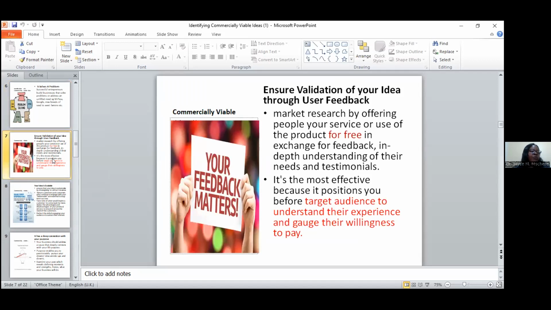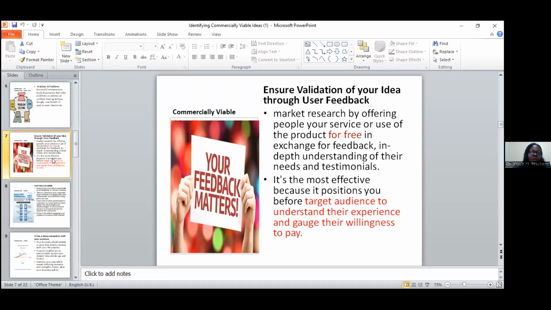So how do you ensure that the idea that you have is commercially viable? I had mentioned that you ensure that the idea can be validated through user feedback. For instance, you do market research, you offer people, if you have a service that you're offering, you use the product, you can give that service or that product that you have come up with for free, just in exchange for feedback.